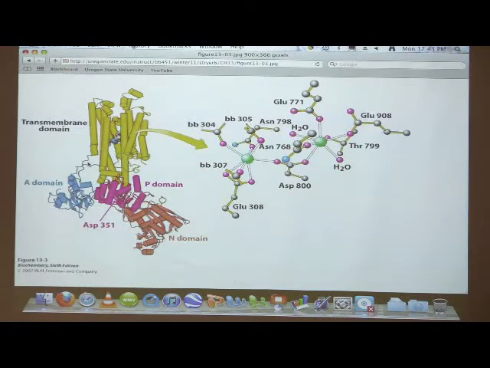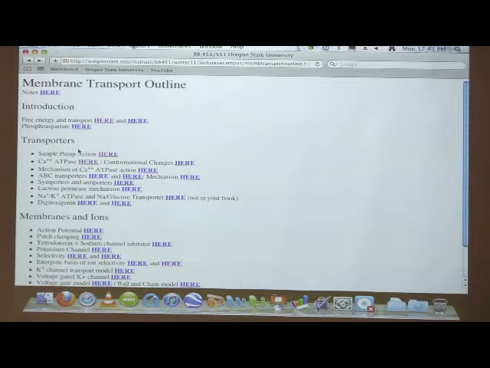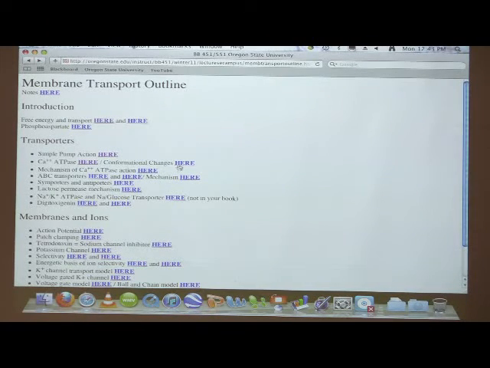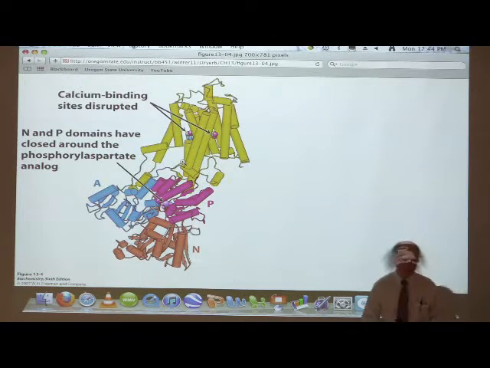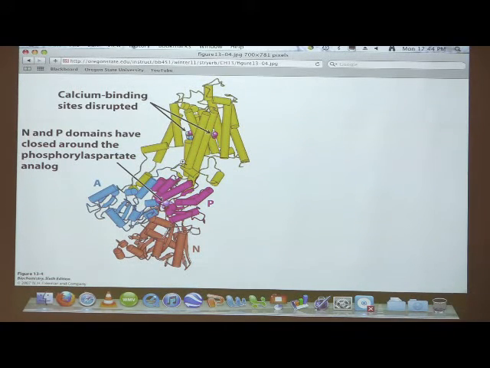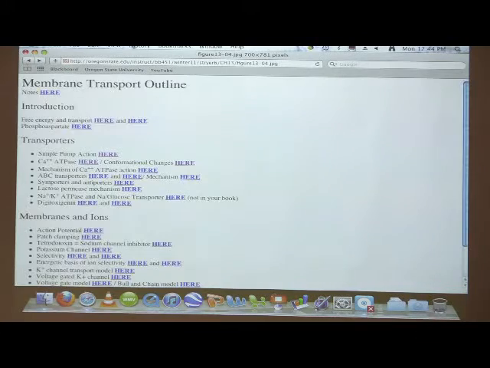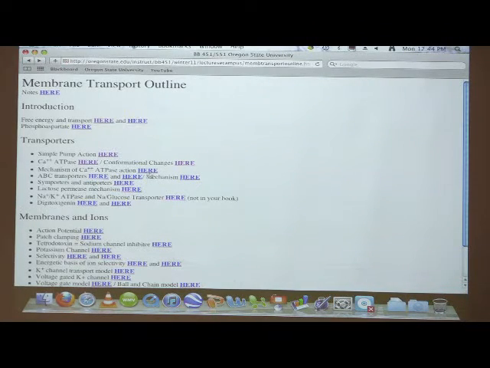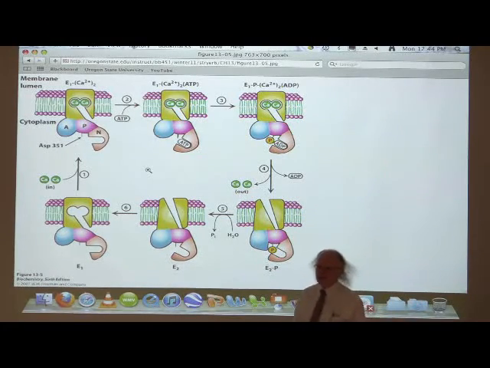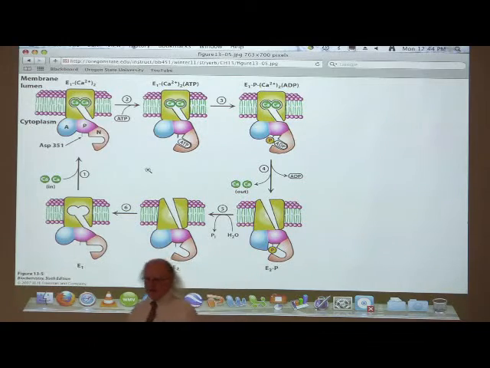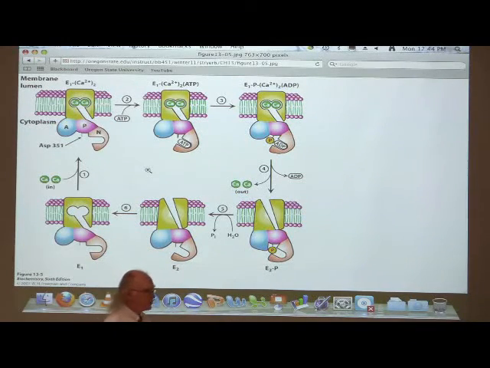Okay. All right. Now, we don't need that. What I want to talk about now is a simple type of transporter. Okay? And this type of transporter has a name. It's called a P-type transporter. P-type transporters derive their name from the fact that during the mechanism of action, which you see on the screen, I'll describe in a second, a phosphoaspartate residue is transiently created.